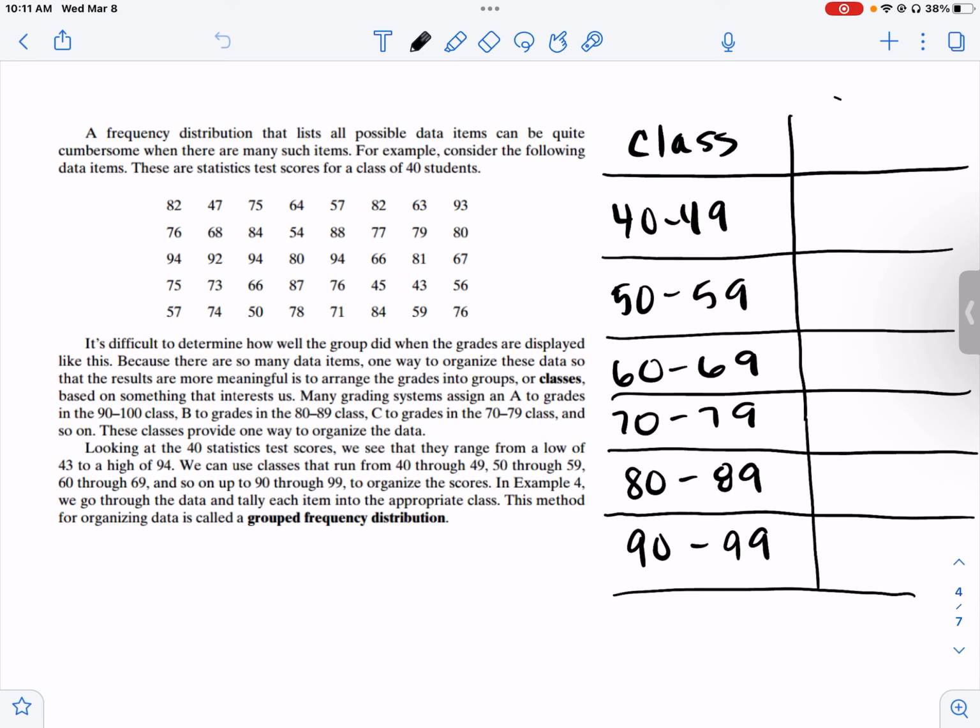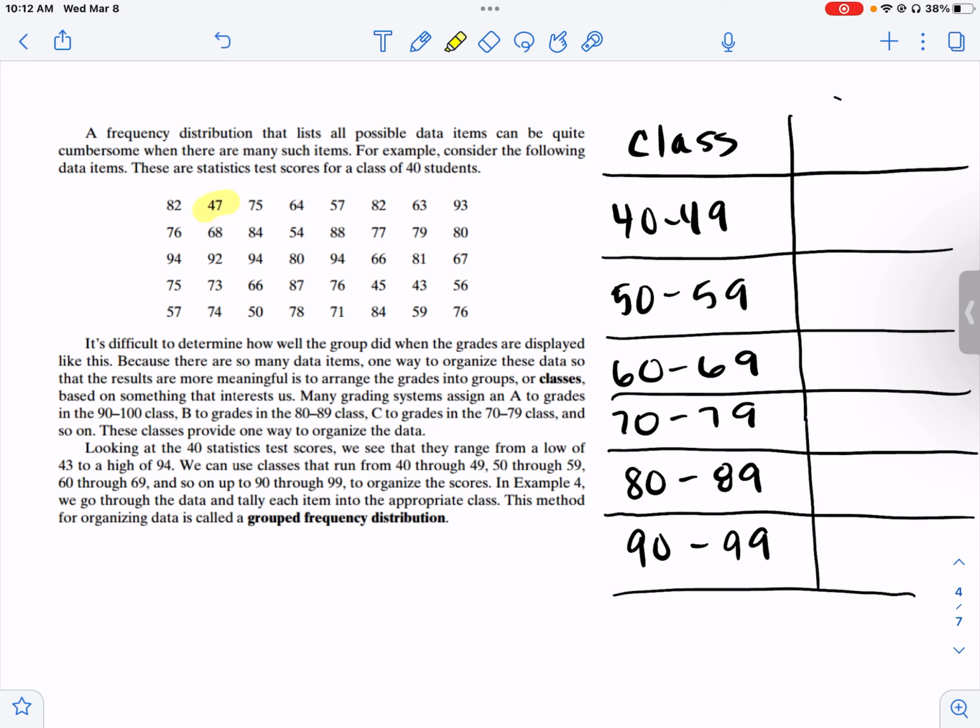It would be better to group the items into what's called classes or groups. So let's go through and count how many items we have in these groups. We're going to group the numbers in the 40s, the 50s, and so forth.